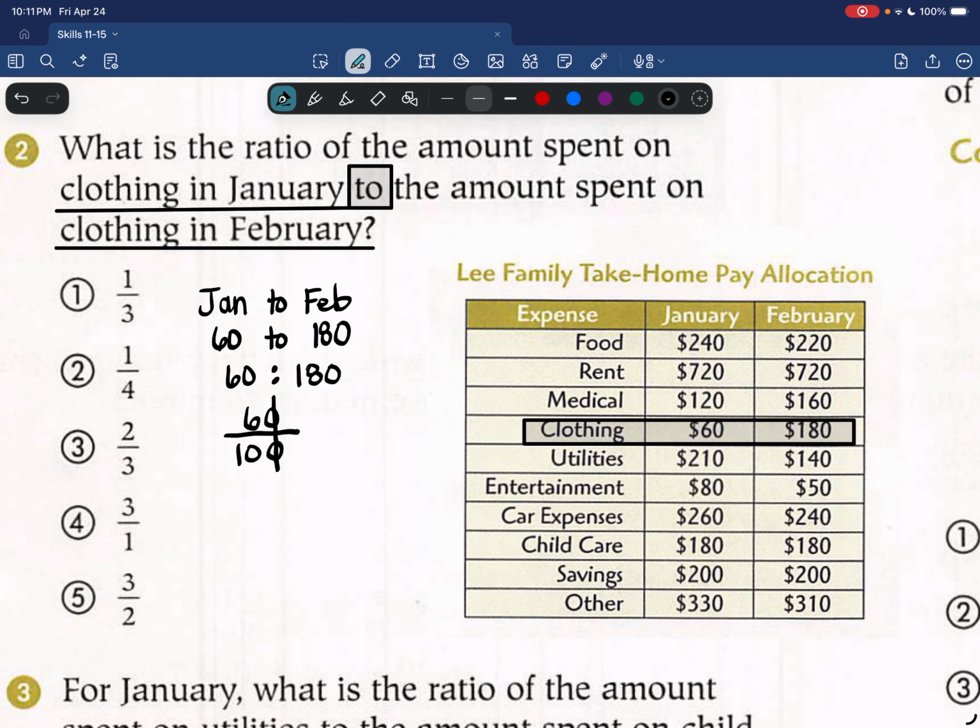Let's cancel a set of zeros, and let's simplify by 2. 2 into 6, and then 2 into 10. 2 into 6 is 3, 2 into 10 is 5, and that is as low as we can go, and something is wrong.